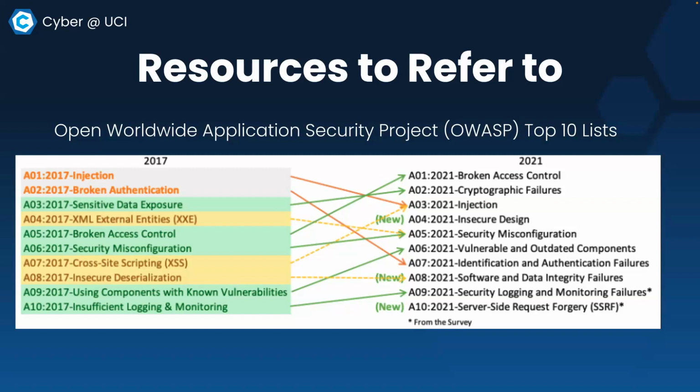So if you look at the 2021 list, the first one is broken access control, which is just a broken login page and hackers being able to get into that. Other things include cryptographic failures. One thing I really want to reiterate is do not implement your own cryptography if you're trying to do it for your own data.